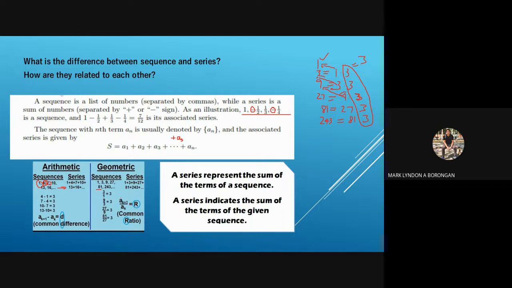If we base on this example, you have a sub k plus 1. If this is a sub k, then this is a sub k plus 1. I hope you get it. If your a sub k is 27, then a sub k plus 1 is 81. If our a sub k is 81, what is our a sub k plus 1?